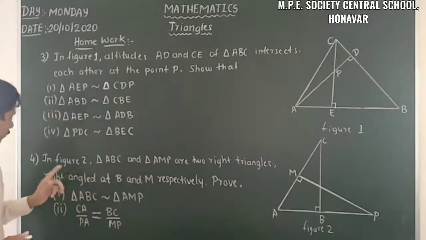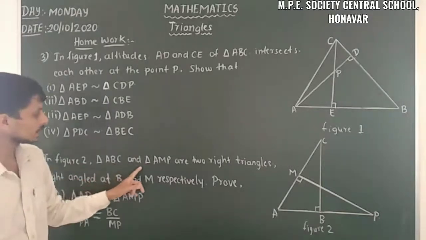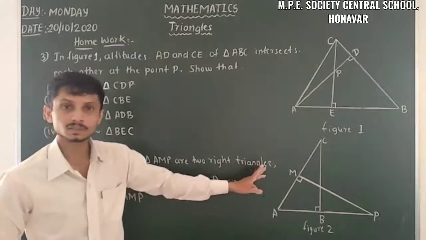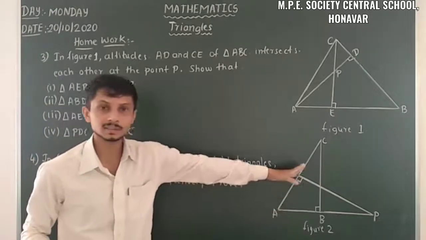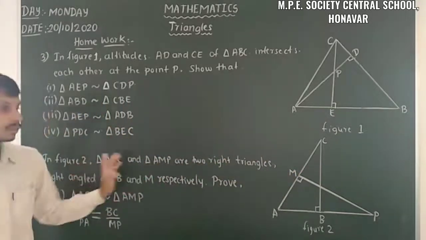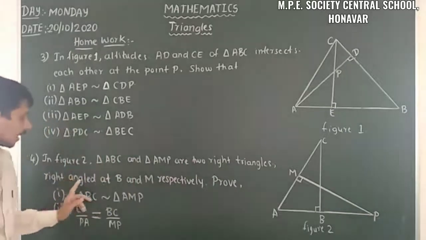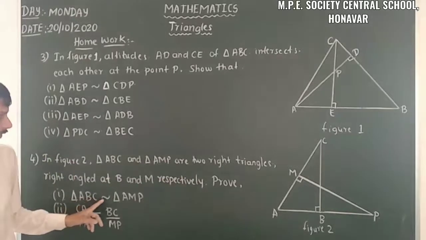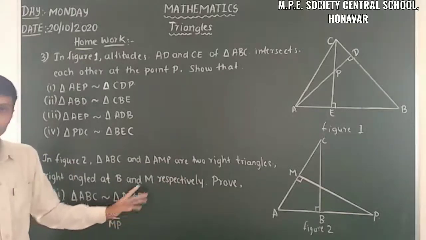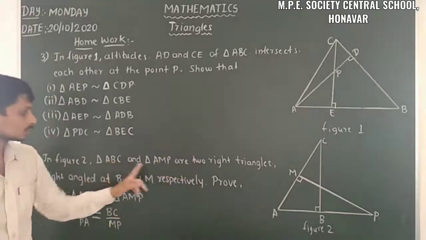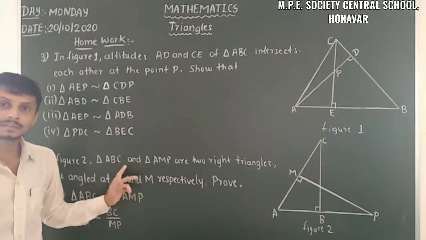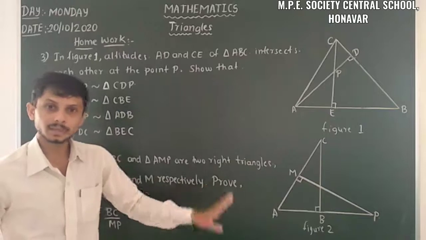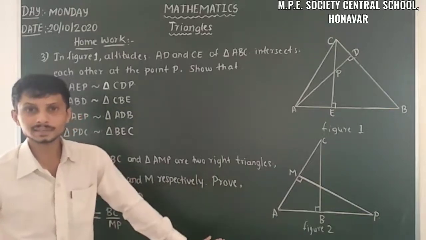Then the fourth problem, in figure 2, triangle ABC and triangle AMP are right triangles, with right angles at B and M respectively. We have to show that triangle ABC is similar to triangle AMP. So you have to consider those two triangles and find that pairs of corresponding angles are equal.